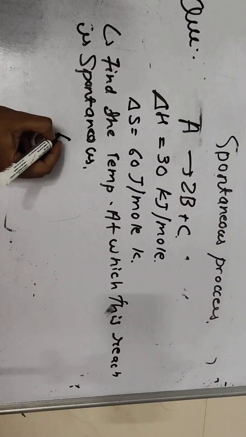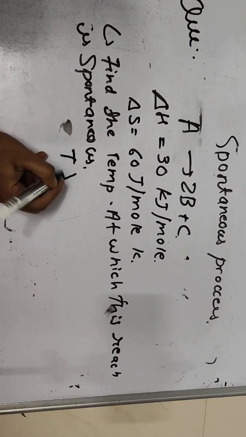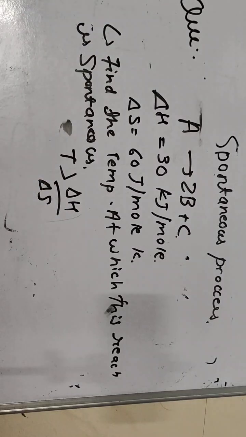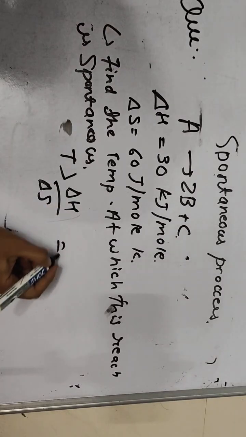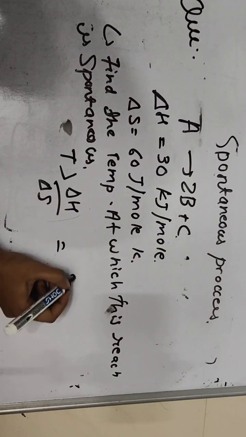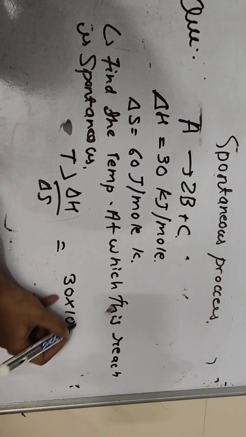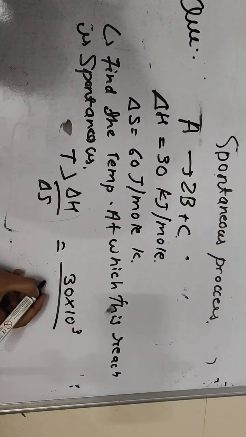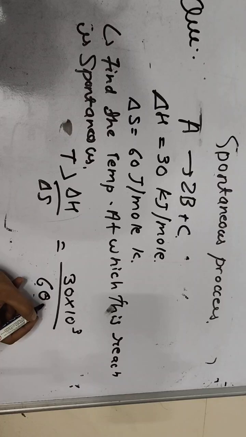As we know, when the temperature is more than T equals delta H upon delta S, then at this temperature the reaction will be spontaneous. So we put the values, 30 into 10 to the power 3, since it is given in kilojoule, and S is given in joule only.